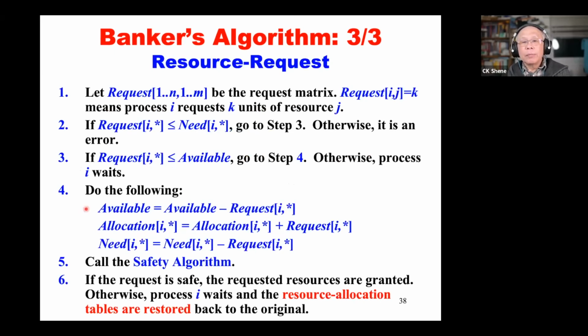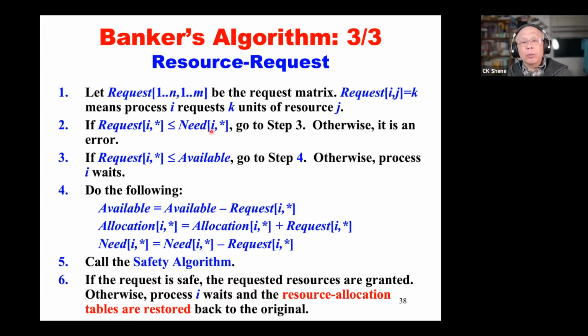As we mentioned, request is a 2-dimensional matrix, the request matrix. When process i calls the request procedure, it provides what kind of resource it needs. So resource request uses that argument to update the request matrix. Now we make some error checking. If the new request is less than or equal to the need array, that is, the need array indicates the future needs of process i.